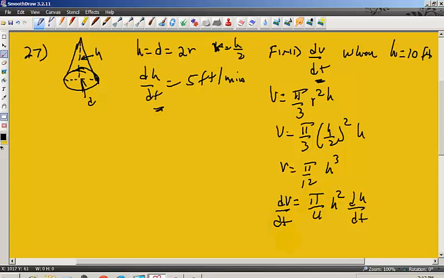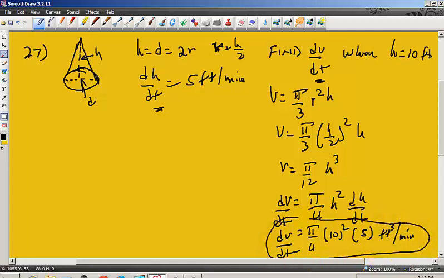Plug in what we have. I have a pi over 4, h is 10 squared, dh dt is 5. So dv dt turns out to be, all this in feet cubed per minute. Volume is changing.